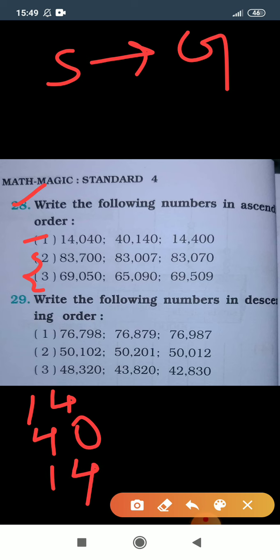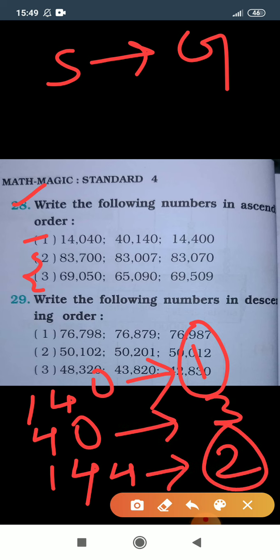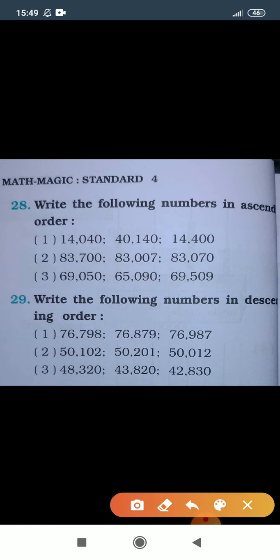So the smaller number is 14 and 14. So we need to look at the third digit of this number, 0 and 4. Which one is the smaller? This one comes in first position, this is second, and the third, that means the greater number, comes last. As per the place value you can solve these questions.